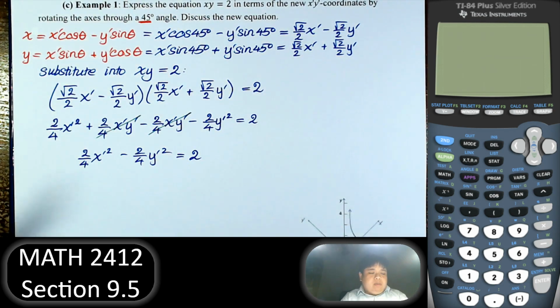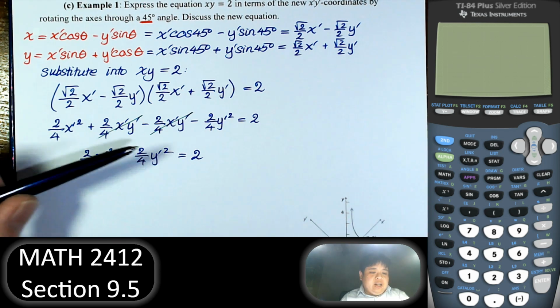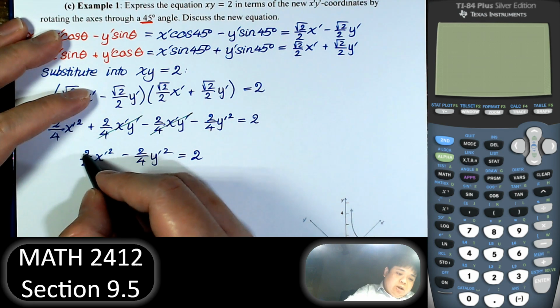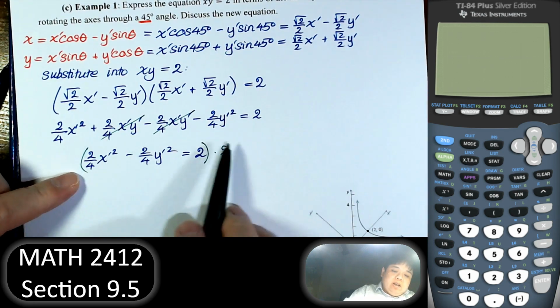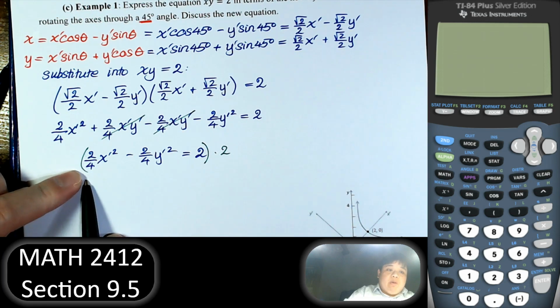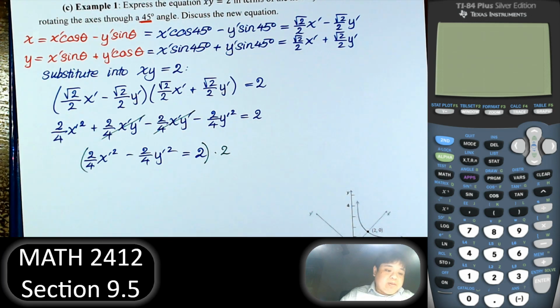Of course, 2 over 4 is 1/2. I could just write 1/2, but let's just multiply 2 on both sides. 2 times 2 is 4, divided by 4 is 1, so that cancels out the fraction.